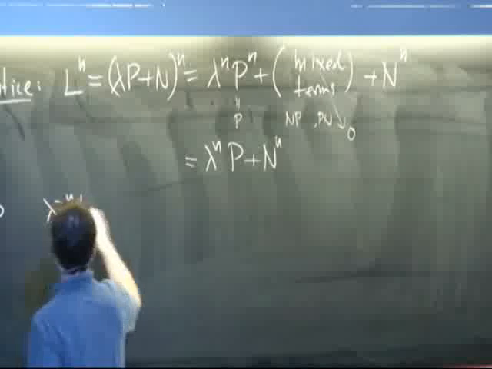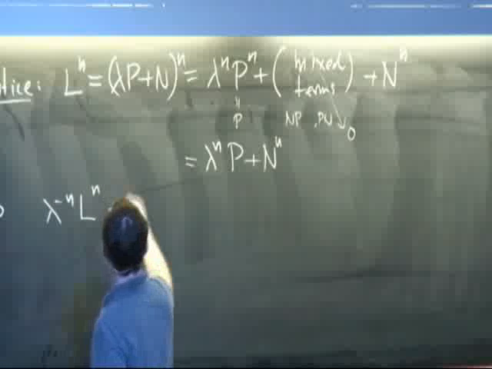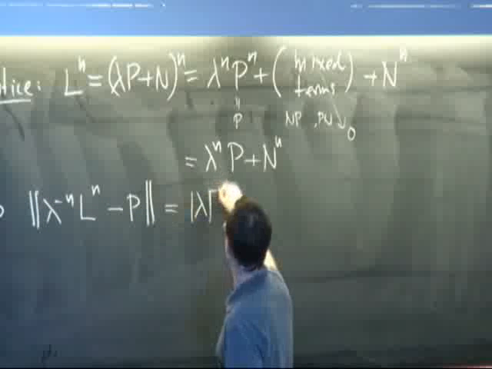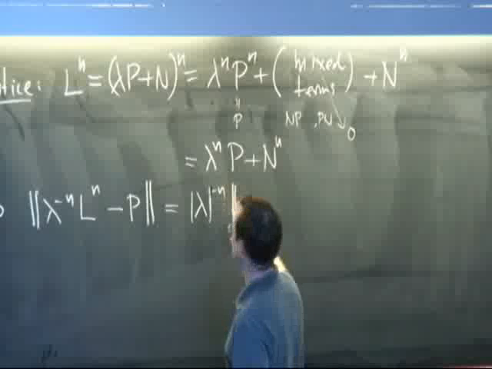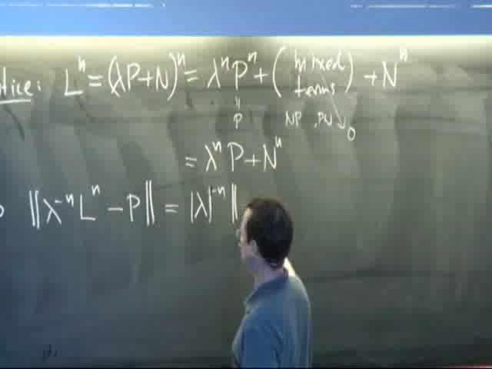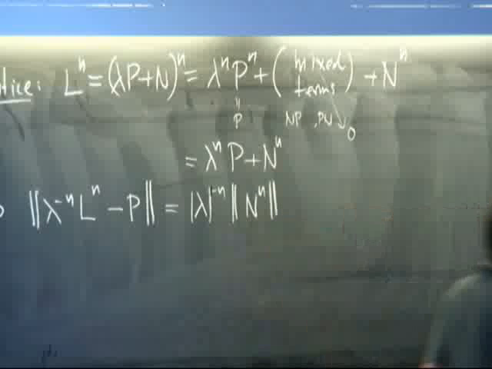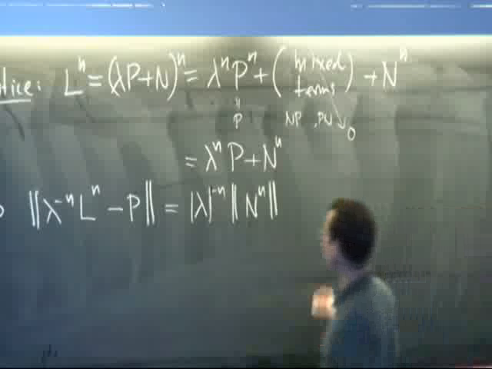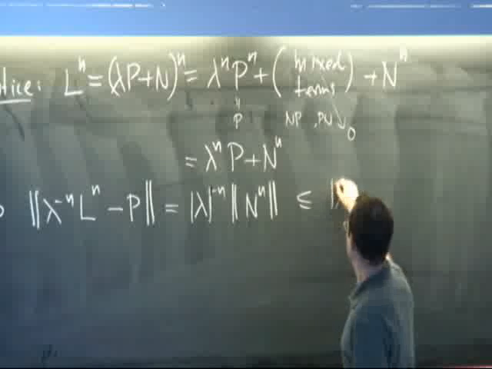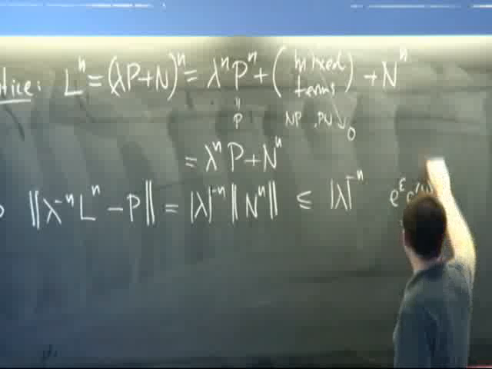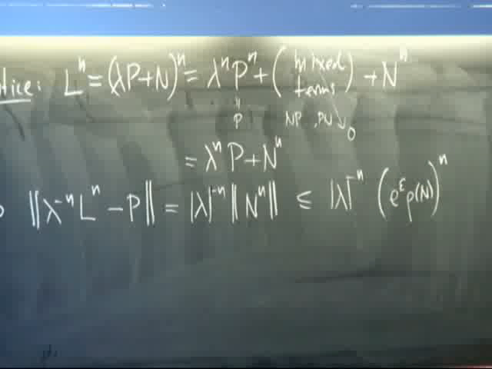So lambda minus n times L to the power n converges to P very fast. This is going to be lambda minus n times n to the power n. Now, n to the power n is controlled by the spectral radius of n. So this is less than lambda to the minus n, and then I'll take e to the epsilon rho n, everything to the power n, for some epsilon.